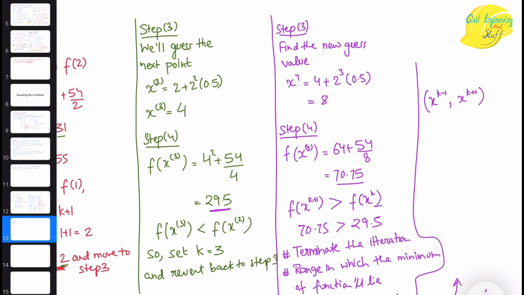What was the value of k that we had last set? The value of k was 3, right? So x to the power 3 minus 1, x to the power 3 plus 1.